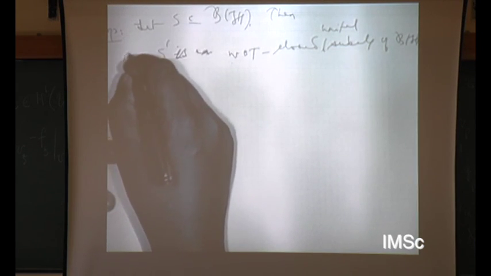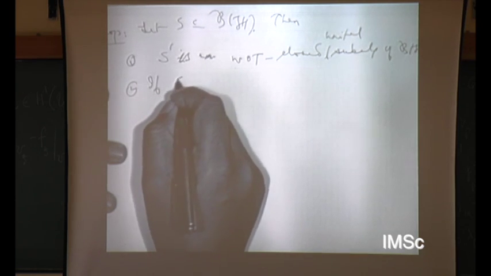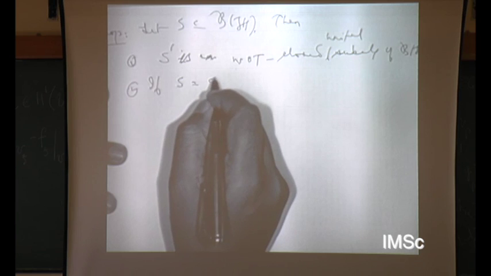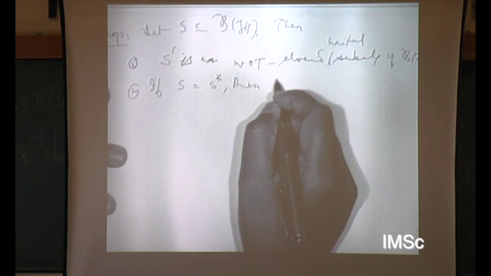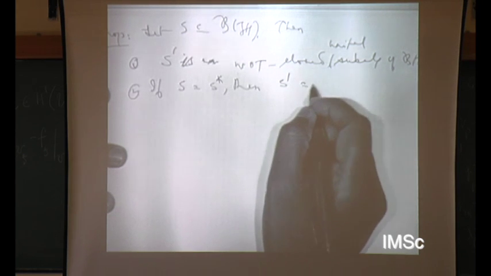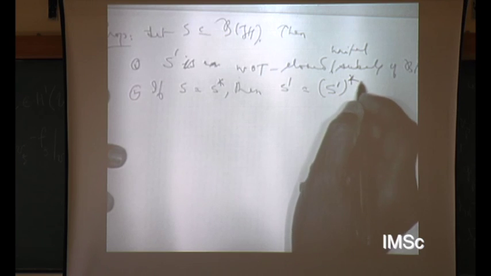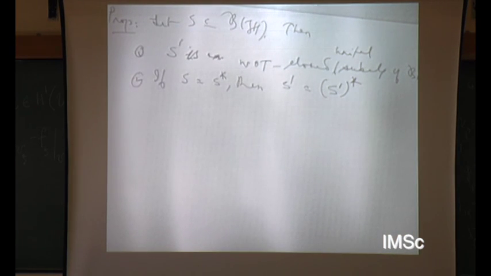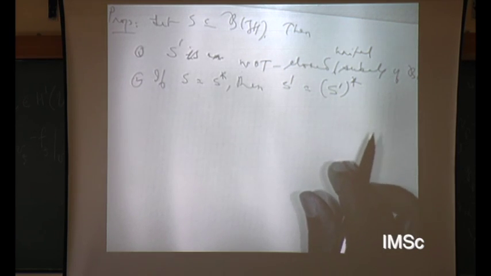And if S equals S star, then S prime is also S prime star. S prime is also closed under adjoints, I want to say. You take an x prime in S prime; I want to say its adjoint is in S prime.